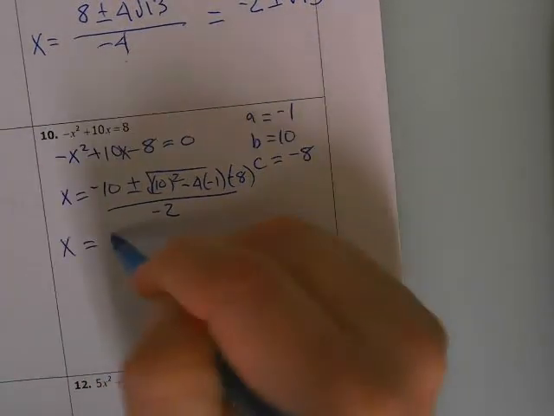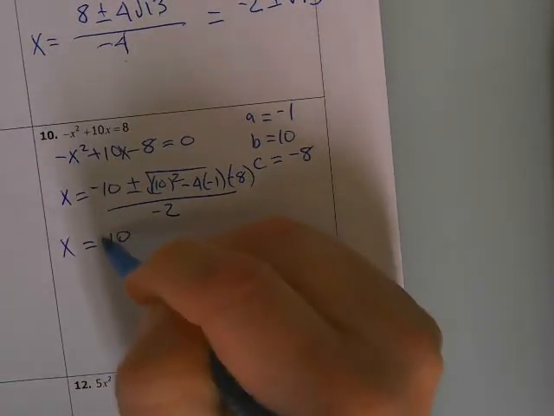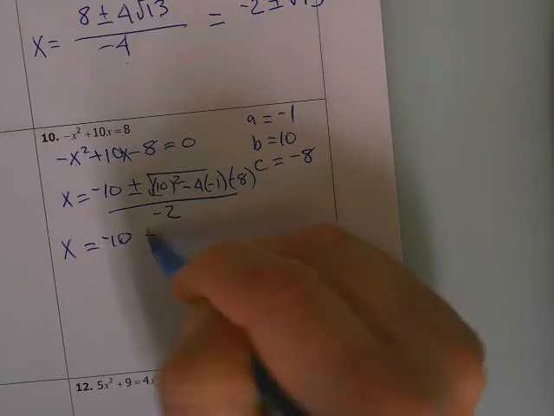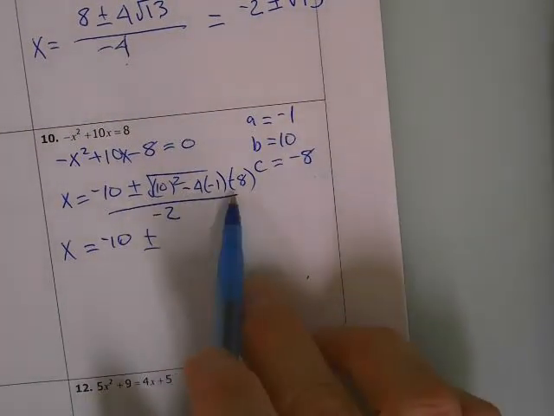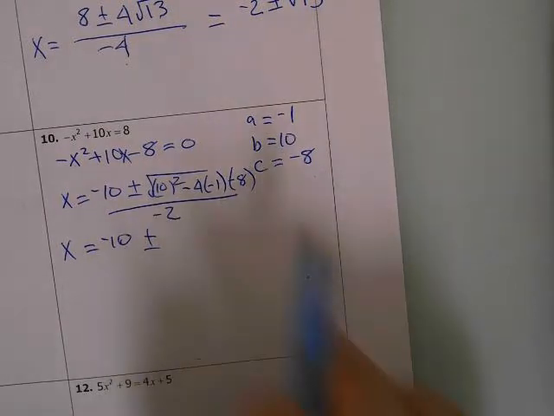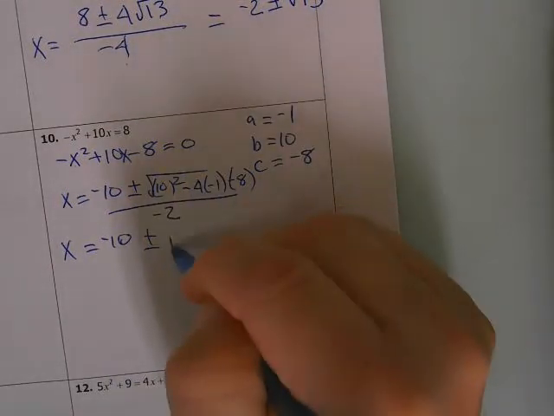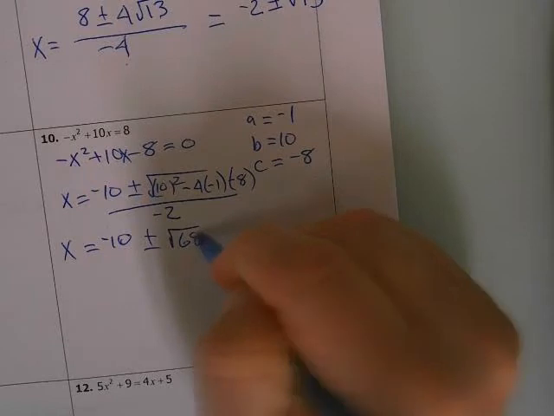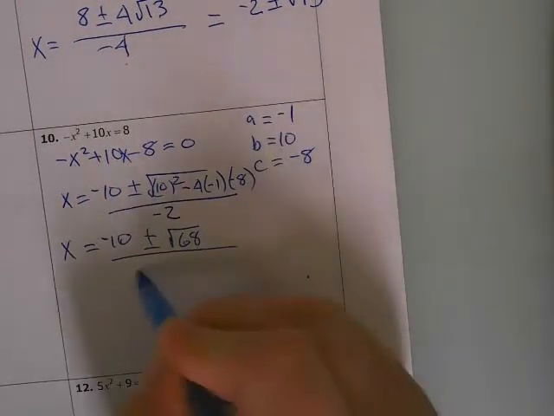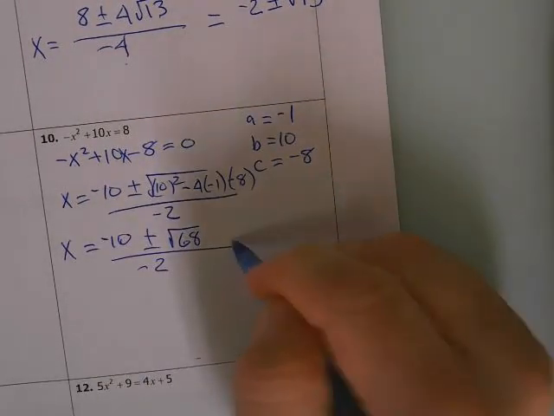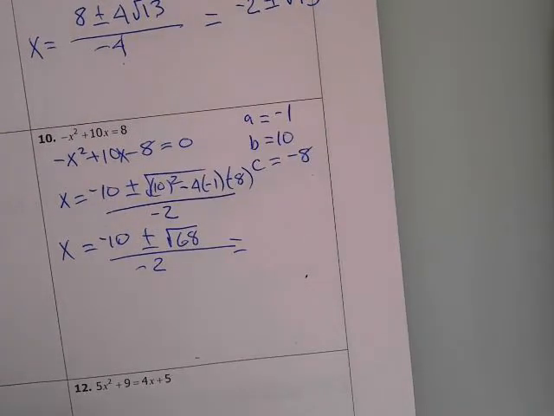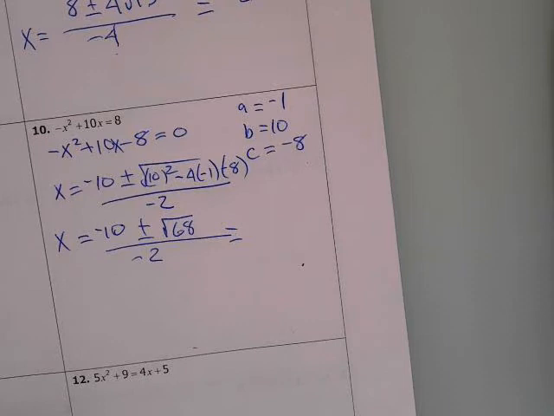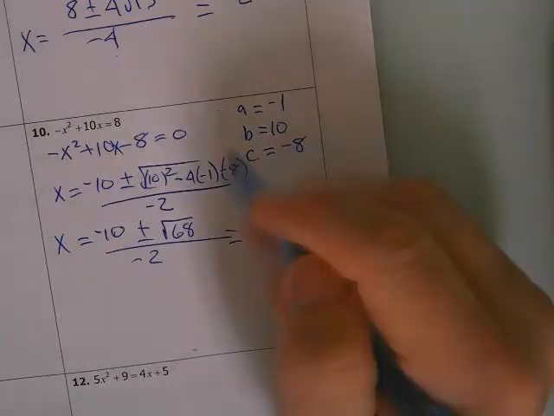So x is equal to negative 10 plus or minus 100 minus 32 is going to give me 68 under my radical all over negative 2. This would simplify. 68 will factor into 4 and 17.